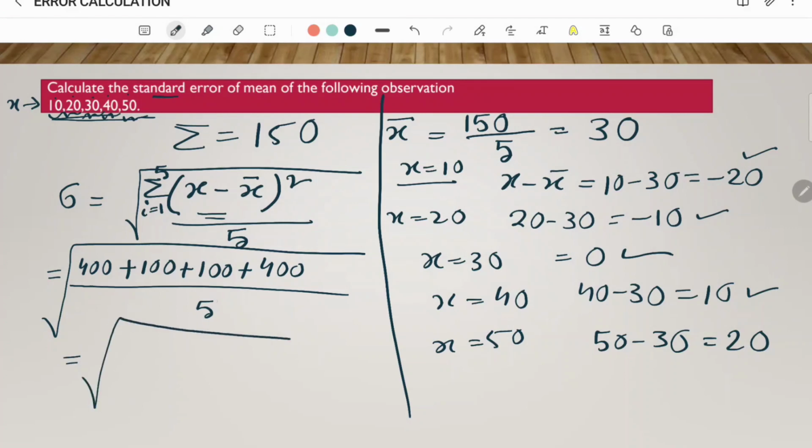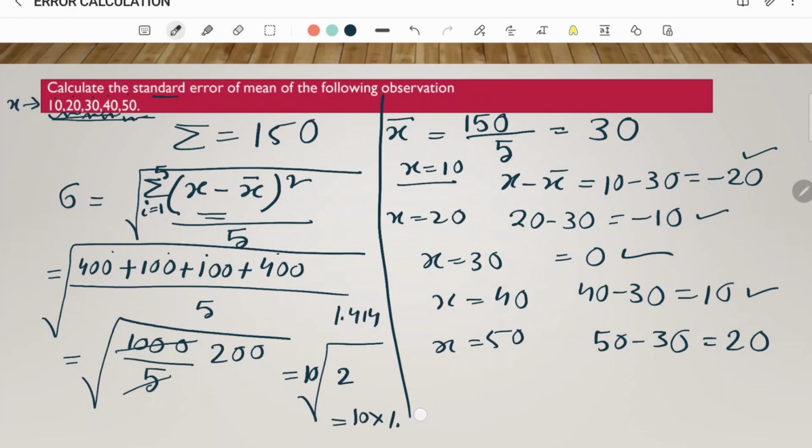So this becomes 100 plus 100 is 200, 400 plus 400 is 800, so 800 plus 200 is 1000 by 5, which comes out to be 200, root over 200, that means 10 root 2, and root 2 is nothing but 1.414, so this becomes 10 into 1.414, and now this becomes multiplied by 10, so 14.14. So the standard deviation in the measurement of our data is of the order of 14.14.